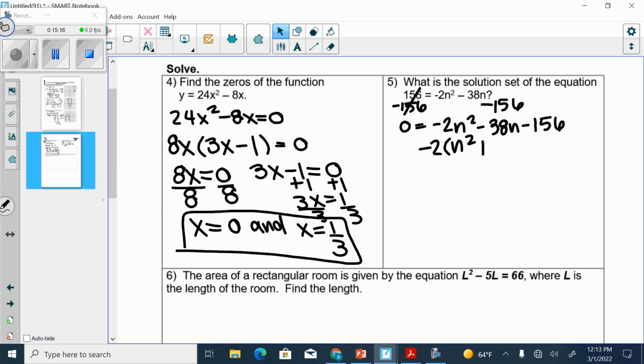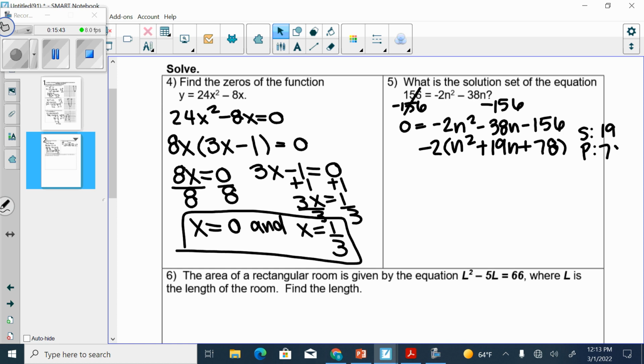Good. And if I divide negative 156 by negative 2, what am I left with? Nice. So now we have our GCF taken out. We look for our sum and product. What's our sum? Good. And what's our product?